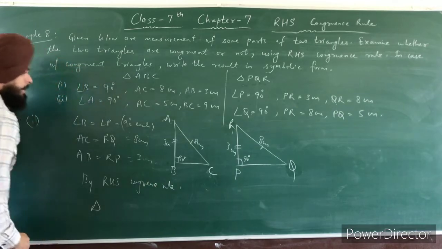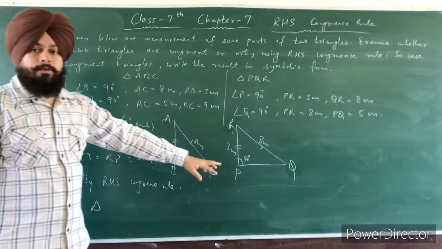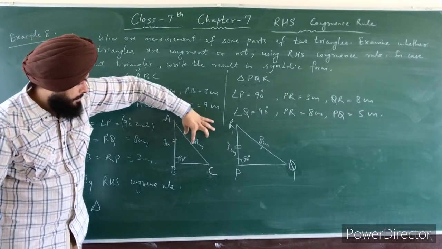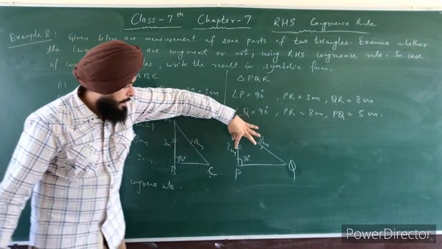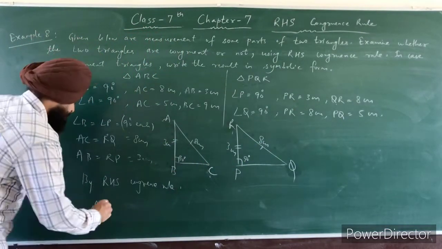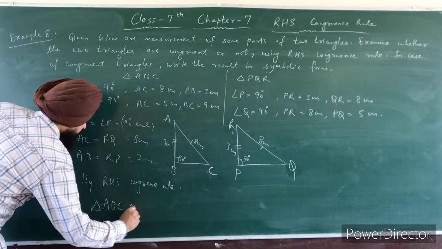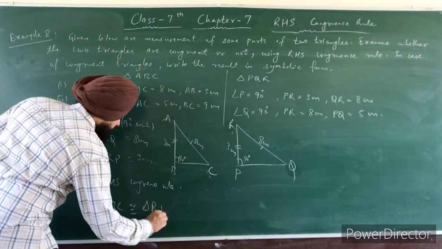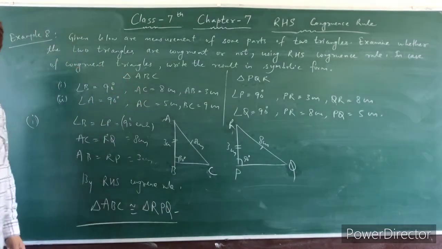Triangles are congruent. Now we have to write the triangles in symbolic form. So you can see here, this is side AB, this is AC, this is RP, this is RQ. So I will start from here: triangle ABC is congruent to triangle RPQ. Clear?